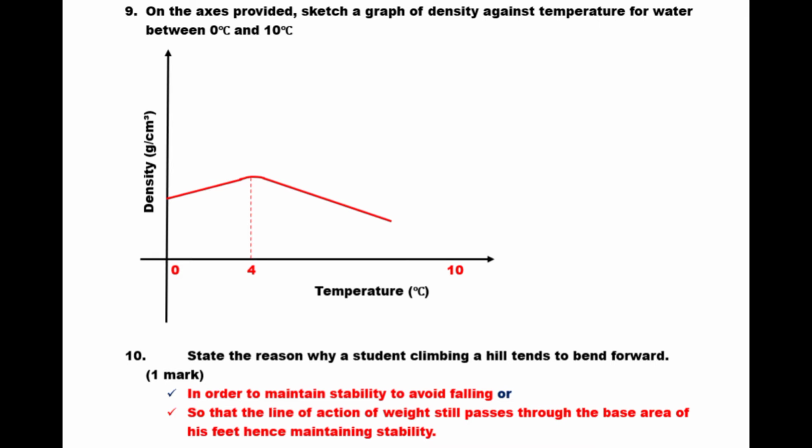Let's go to question 10. State the reason why a student climbing a hill tends to bend forward.